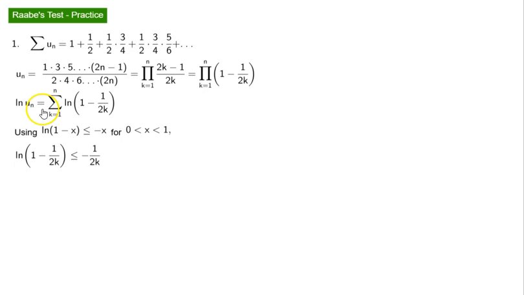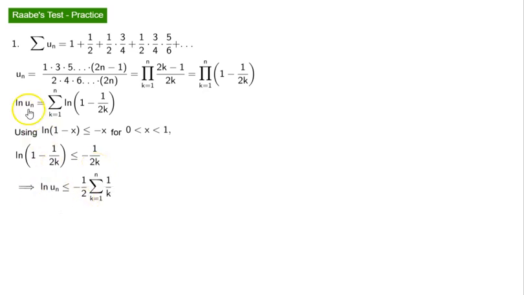Natural log of u sub n is equal to the summation k equal to 1 to n of natural log of 1 minus 1 by 2k. And this natural log of 1 minus 1 by 2k is less than or equal to minus 1 by 2k.